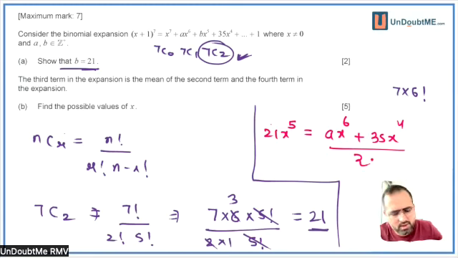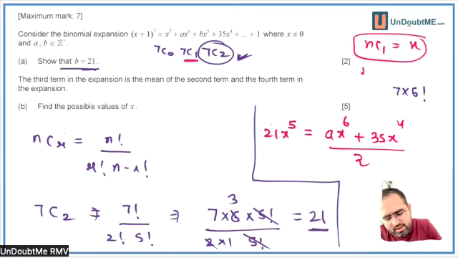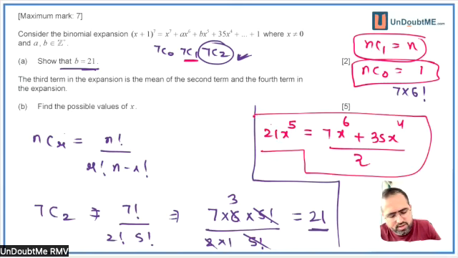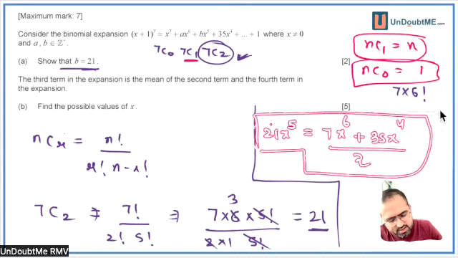For finding a, it will be 7c1. nc1 is always n. nc0 is always 1. You can remember these things as direct results. So 7c1 will be 7 only. So I have to solve this equation. I'll take this equation on the next slide and let us see how to solve.